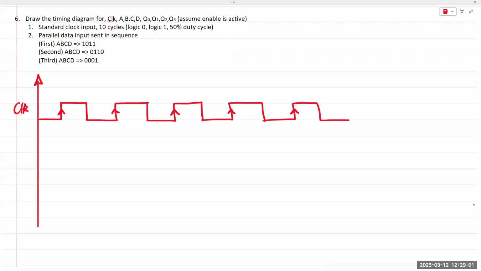So if it's A, B, C, D, let's just do this. That's the clock, and I'm going to do A, B, C, D separately. The first set of data goes first, parallel in, followed by the second one, and then the third one.